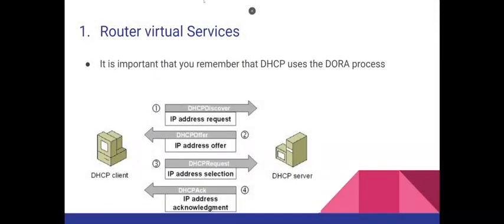Before we get a little bit more into that, it's important that you understand the DORA process from DHCP. So the DHCP client will send a DHCP discover packet on the network, and the DHCP server says, "Hey, that's me."